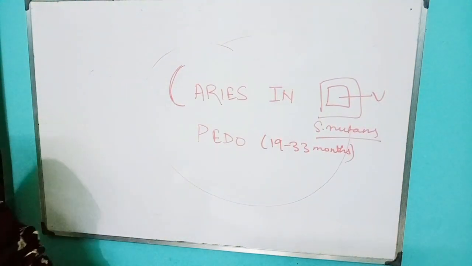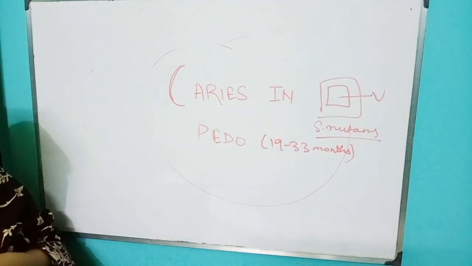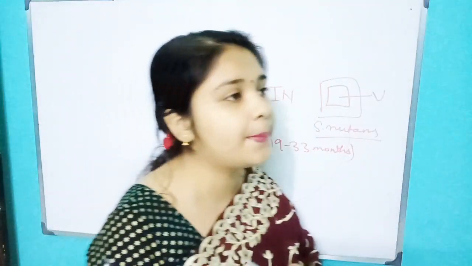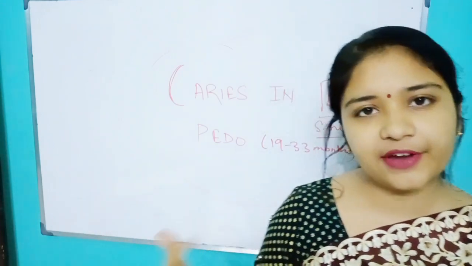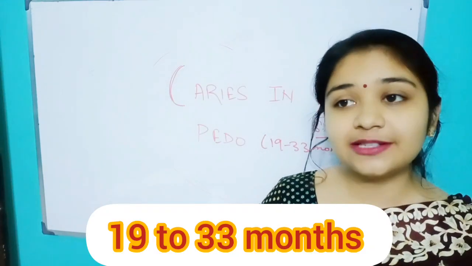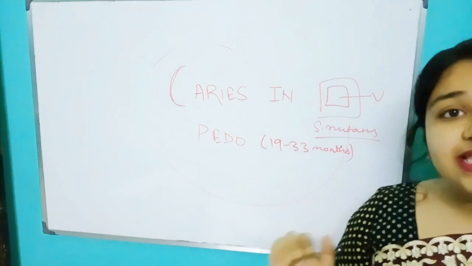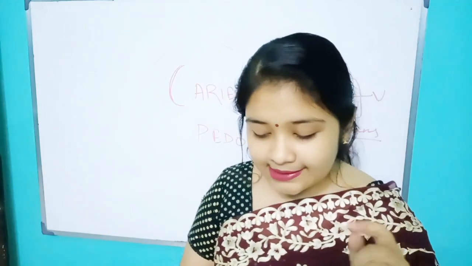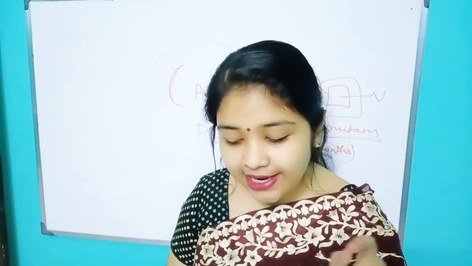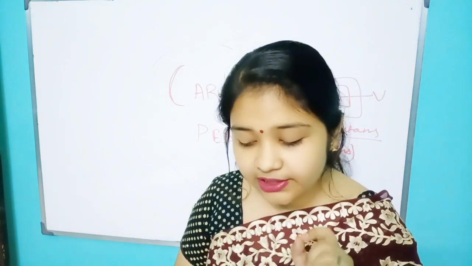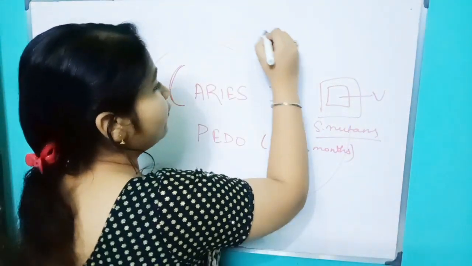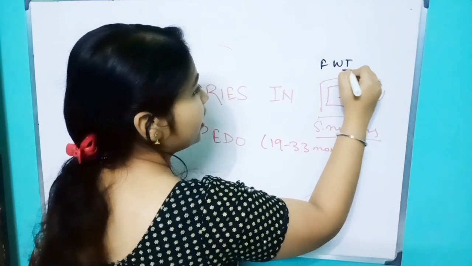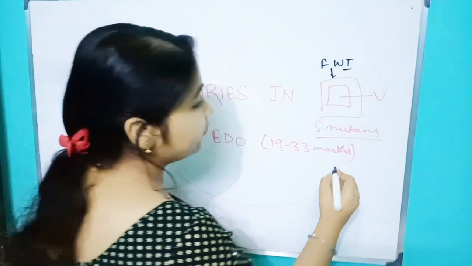Second topic I am telling you about. What is the second period of window of infectivity? We are clear with what window of infectivity is, but the question that keeps coming is about the second period. See, S. mutans finds difficulty in establishing because it finds it difficult to fight with the indigenous bacteria which are already present in the teeth. The first window of infectivity is this, but what is the second window of infectivity?